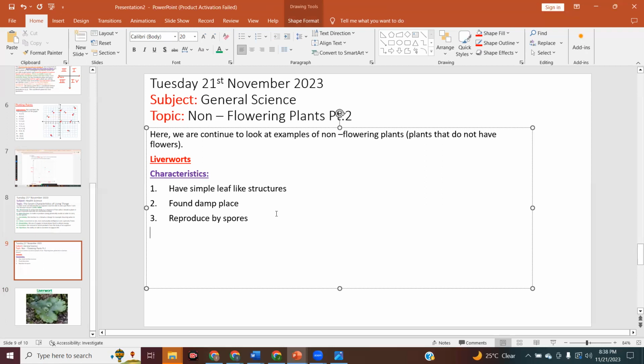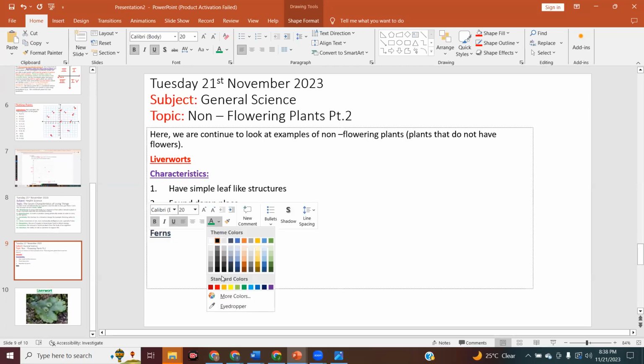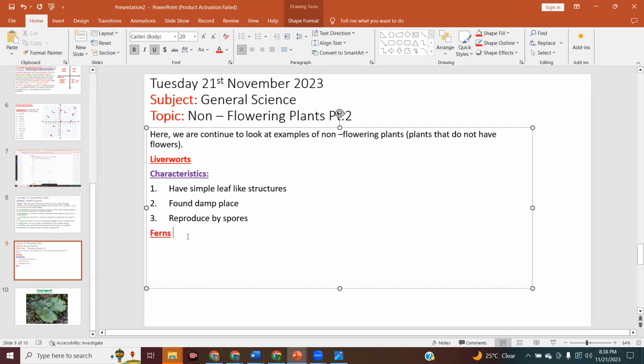All right, so the next one is one that we might be familiar with. These ones are more mature. So, ferns. Now ferns are more sophisticated non-flowering plants because they have proper roots and proper stems. They look like a real tree.